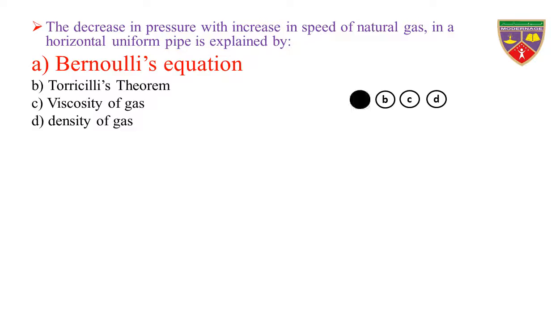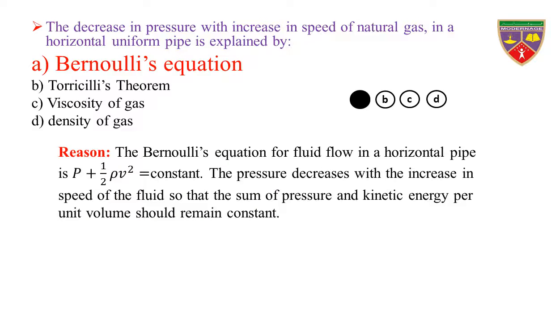The correct option is A. Reason: Bernoulli's equation for fluid flow in a horizontal pipe is P + 1/2 ρV² = constant, where P is the pressure, ρ is the density of the gas, and V is the velocity of the gas.